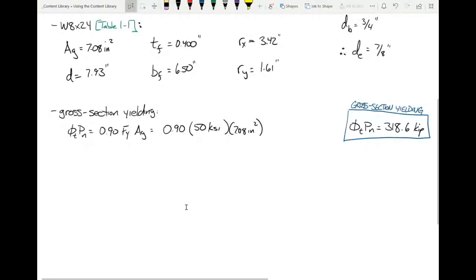Would that be considered the yield stress from the stress-strain curve, or is that the ultimate stress? That's basically the yield stress. What we're saying is, if we're limiting a W8x24 to 50 KSI, how much load would it take to get there? Then we take that load and back it down by 0.9 as a safety factor for uncertainty's sake.